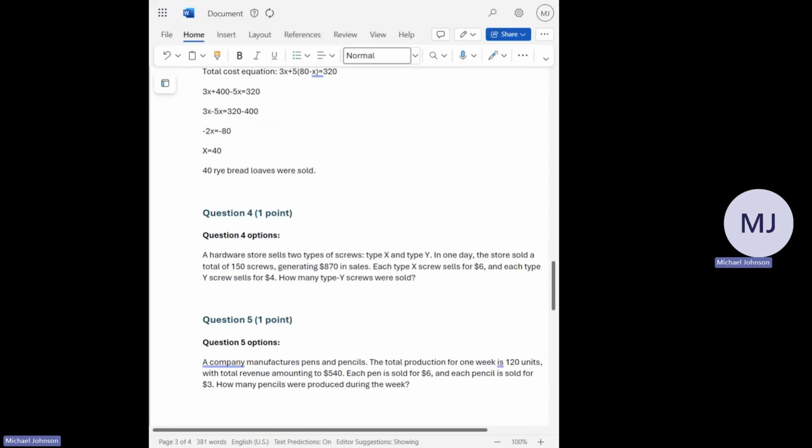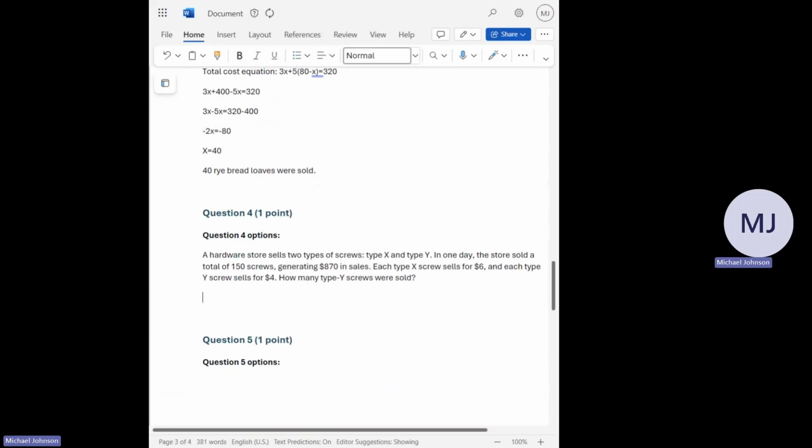And then the next one here, so Y is type Y screws, and then type X screws is 150 minus Y. Cost of type X screws is $6 each. Cost of type Y screws is $4 each. So the total cost equation would be 6 times (150 minus Y) plus 4Y equals 870.